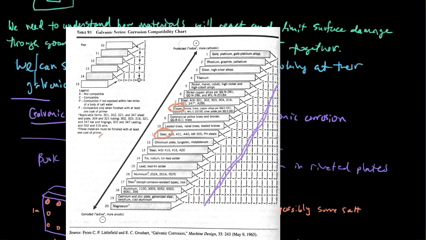And so the question they ask you to do is find out which is worse. So the question for us is, well, what do you think is worse? Okay, so in one case we have a large area of steel and then a small area of copper, and the steel is more active.